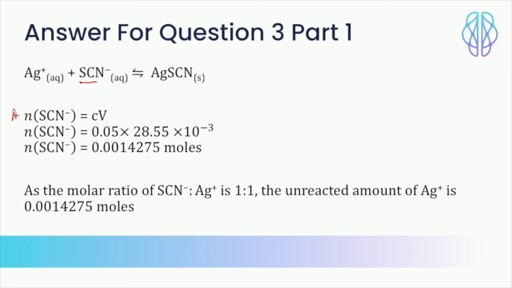So it's 0.05 molar, and it took 3 attempts and the final titer was 28.55 milliliters. And when I do that, I get 0.0014275 moles.